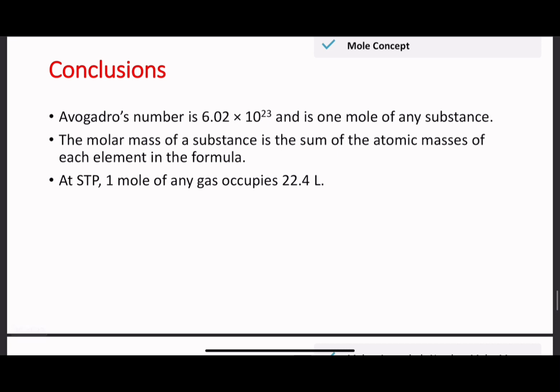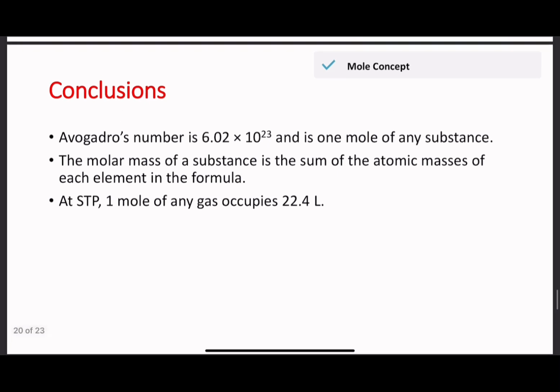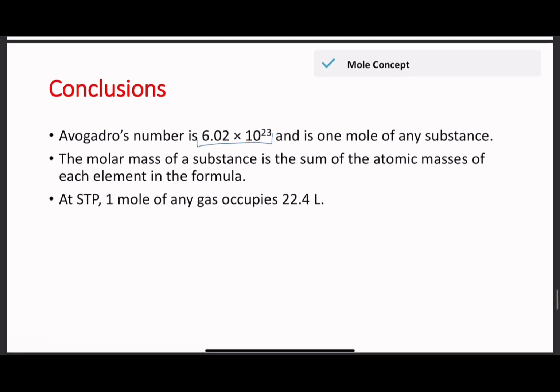Okay, so as a conclusion, we have Avogadro number equals this. The molar mass of any substance is the sum of atomic masses, such as oxygen. Oxygen has a molar mass of 16, but for O2, oxygen gas, we know that the molar mass would be 2 times 16, which would be 32 gram per mole.